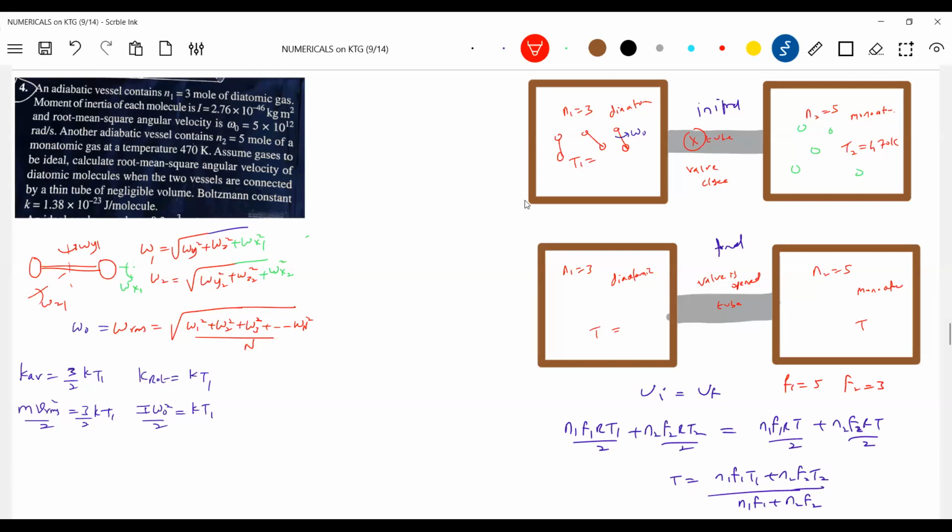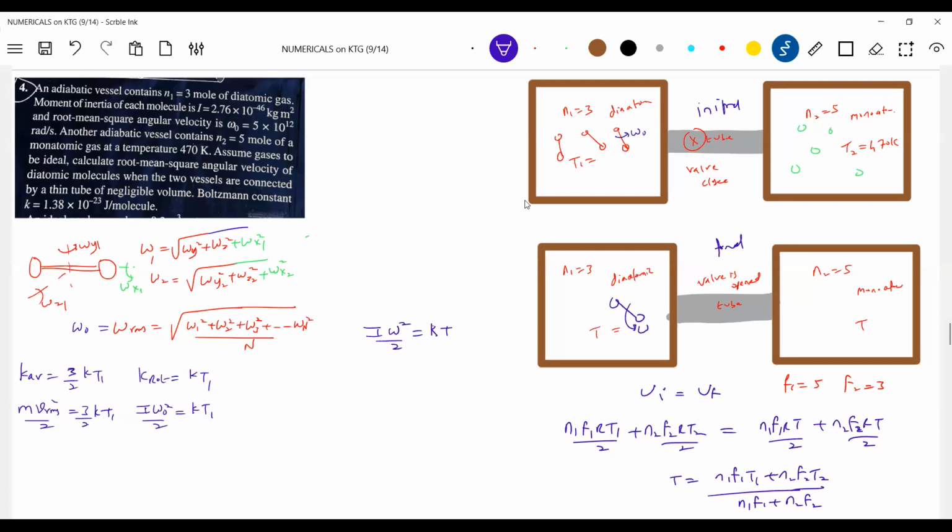Okay, after getting this, he's now asking to calculate the root mean square angular velocity of the diatomic gas molecule when the two vessels are connected. So finally, what will be the temperature of this? Finally, the diatomic gas molecule which is present here will have a root mean square angular velocity, and its rotational energy should be equal to kT. So dividing these two we will get it. But we don't know T1.